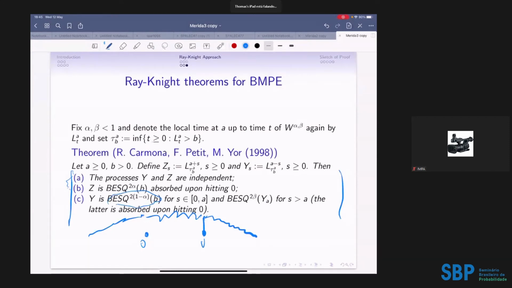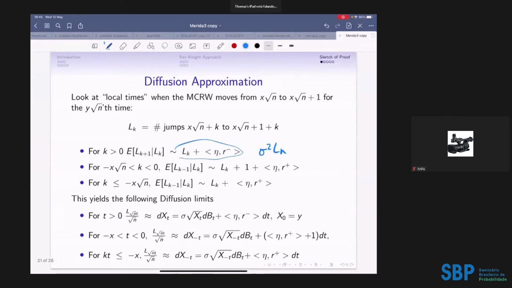We're going to get that kind of behavior for our processes. For what I call local times, they're really half local times because I'm just considering the moves you make to the right. Okay.